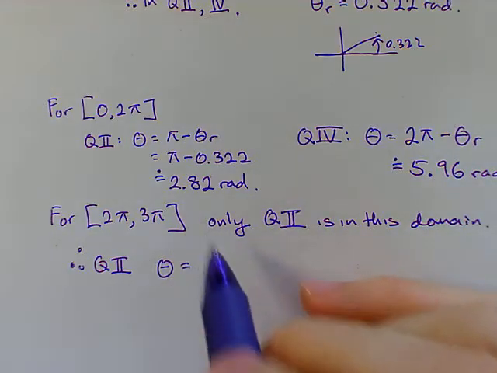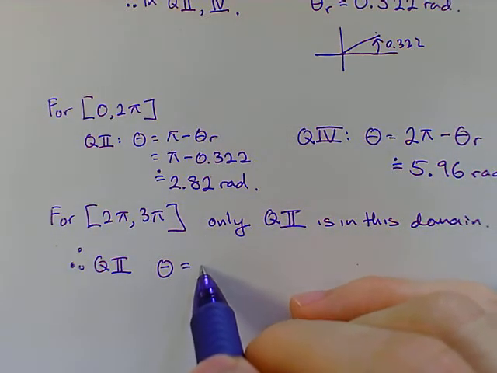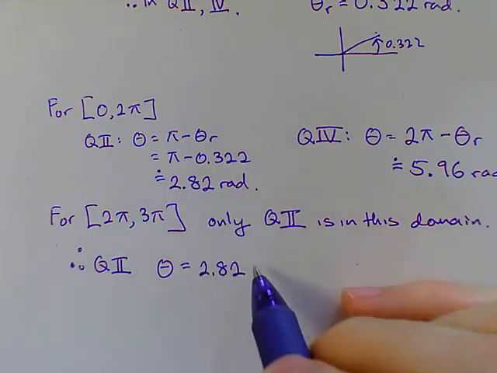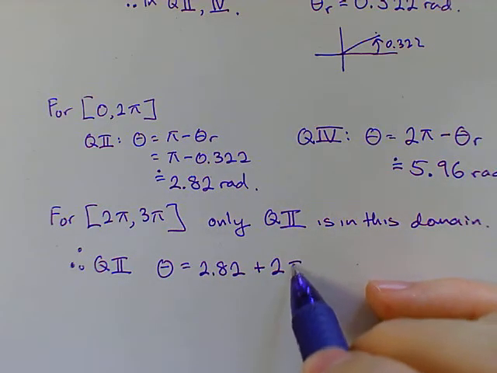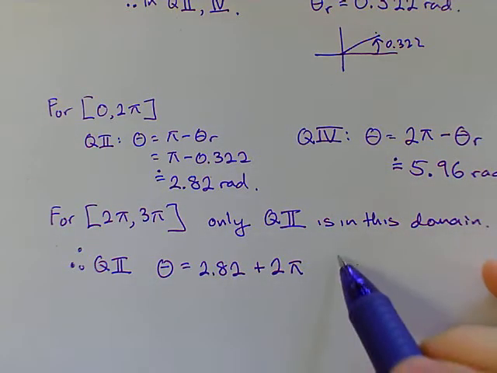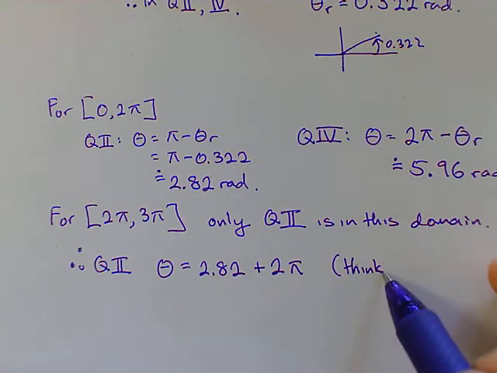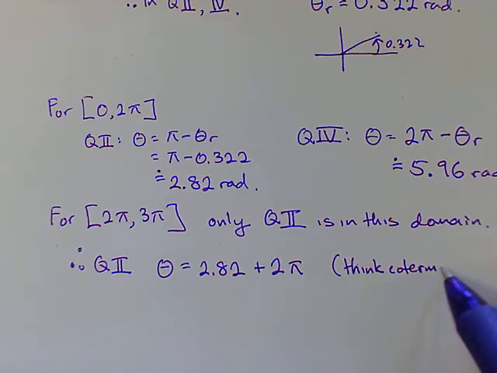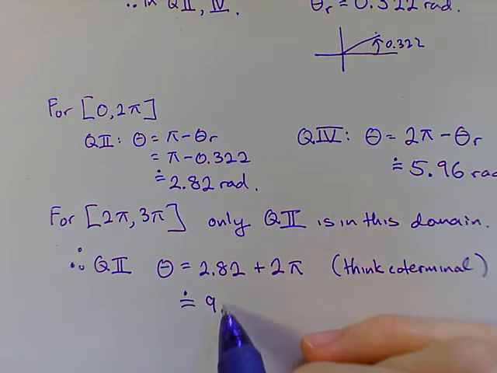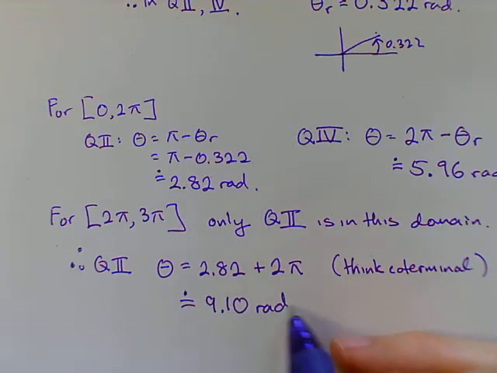Okay? So this is going to be 2.82 radians, because that's where this is, plus a full rotation. Which is approximately 2.82 plus 2 pi, about 9.10 radians.